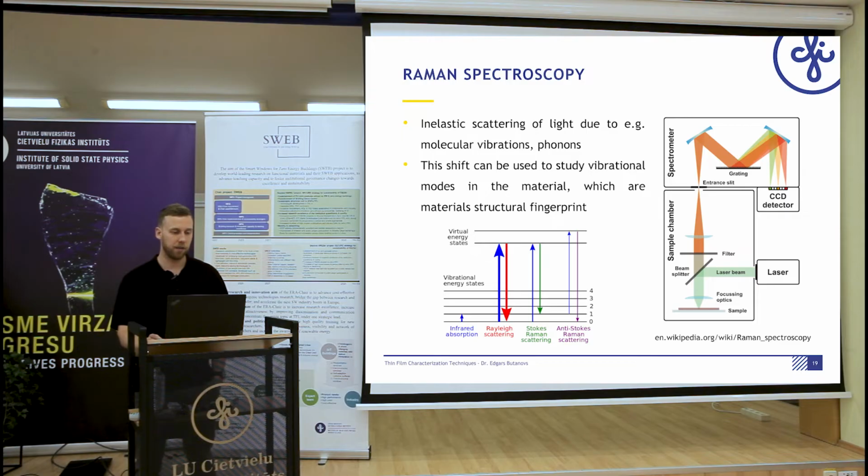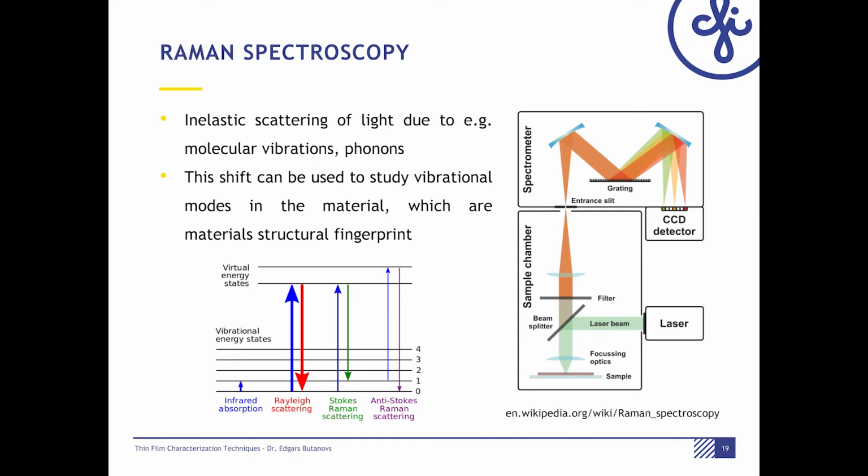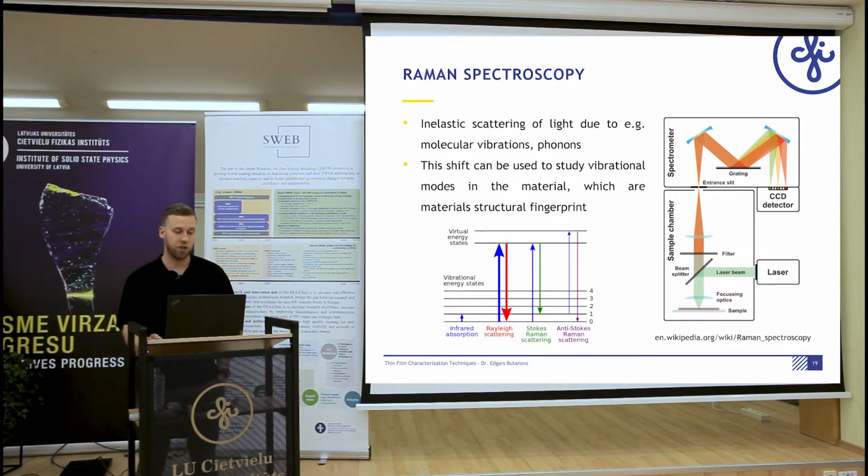The next method we'll talk about is Raman spectroscopy. If you illuminate your sample with light, let's say visible light, you can get inelastic scattering from the molecular vibrations or phonons in your sample. This shift can be used to study the vibrational modes in your material, and these vibrational modes are your structural fingerprint.